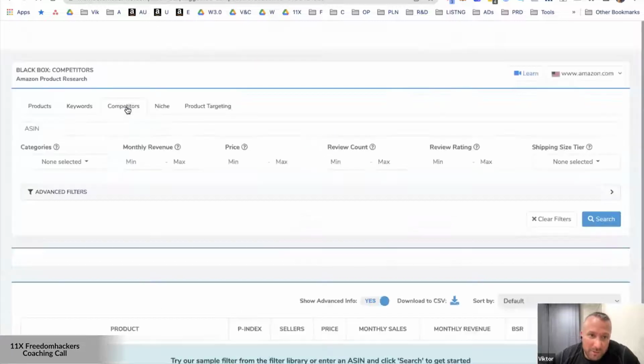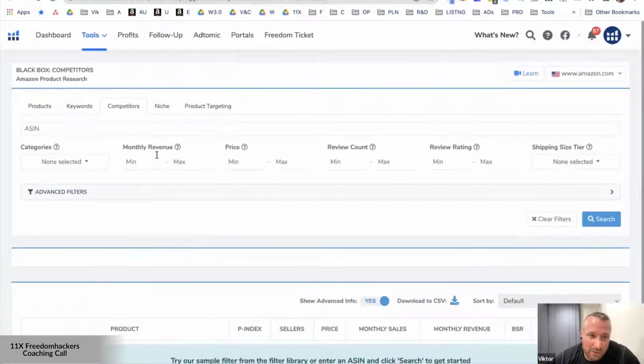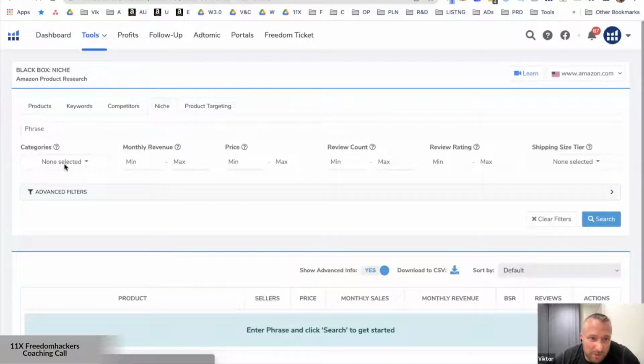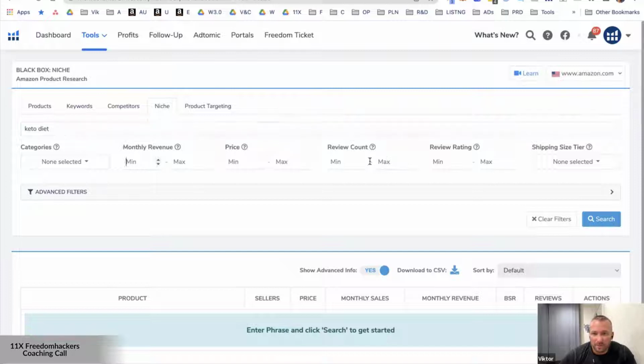With competitors, maybe you find a good competitor, someone who's doing something, you put in their best-selling ASIN, and then you can find different products from this area. Super cool as well. You can try it out. And niche, same thing you can put here. You can put price here, what you want. Maximum reviews you want, 50.